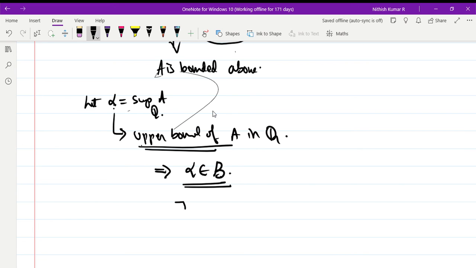That means there exists P belongs to B such that P is less than alpha.